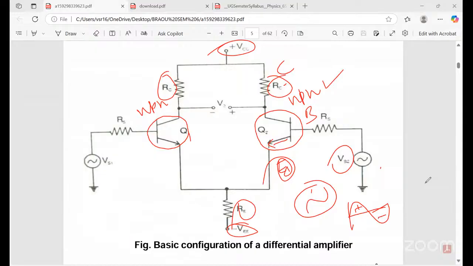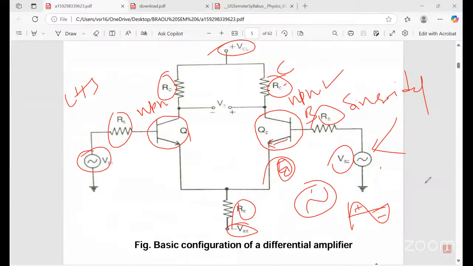What type of wave is it? A sinusoidal wave. This is the signal source, and the same is applied on the left hand side also. The output V naught is the difference between these two transistors.